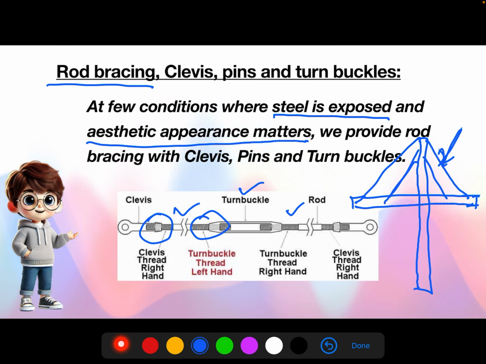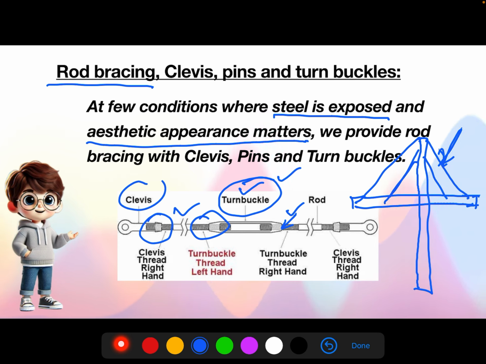Based on the rod size, these turnbuckle sizes also will vary, and each turnbuckle will be having some catalog numbers. So if you can just provide that turnbuckle and that catalog number, particular sizes, this whole diameter, everything will be available.